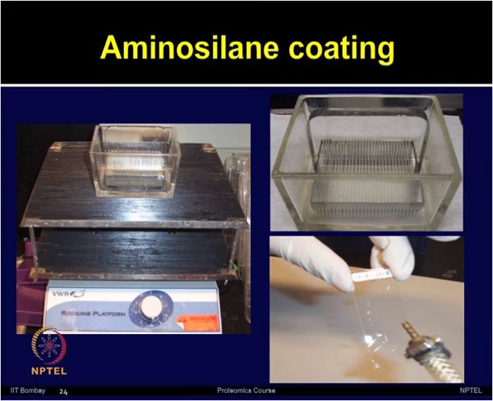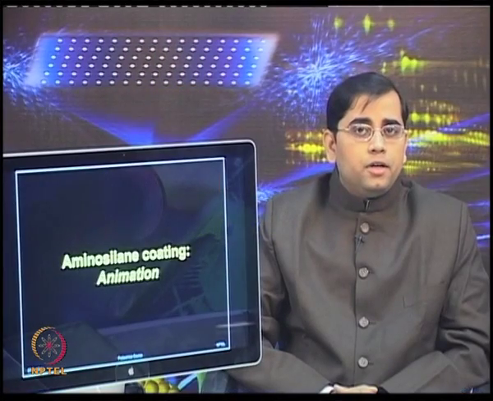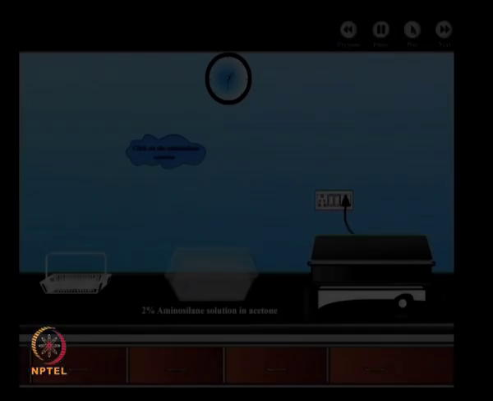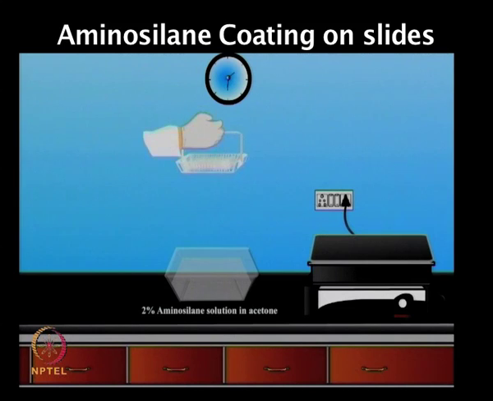On the bottom panel of the right side, I have shown that these slides can be either centrifuged or dried with compressed air, and then those are ready for further printing purposes. So, let me show you this animation of how to do the aminosilane coating. Prepare 300 ml of aminosilane coating solution, which is 2% aminosilane reagent in acetone.